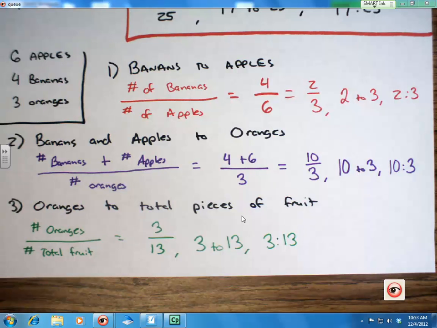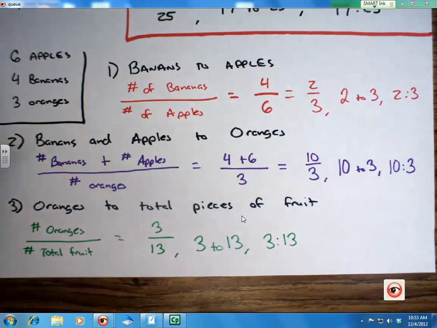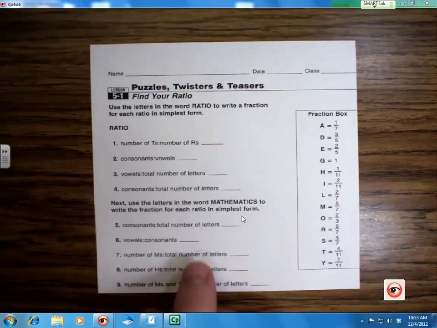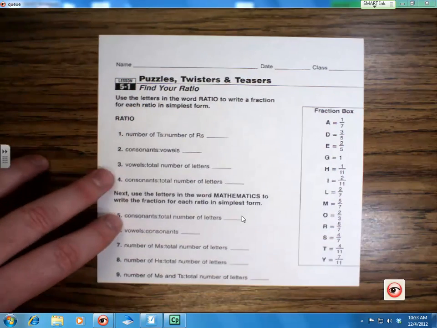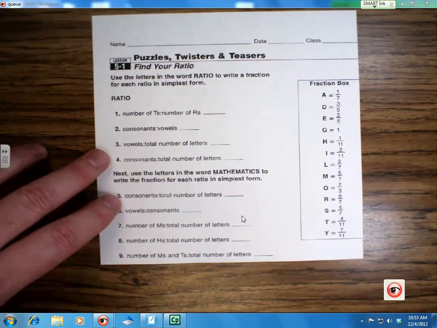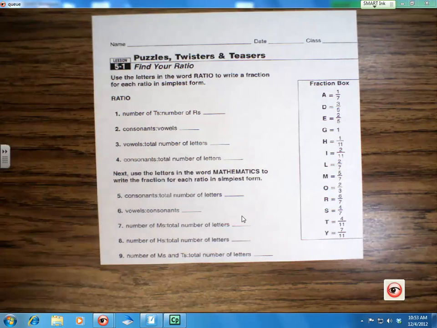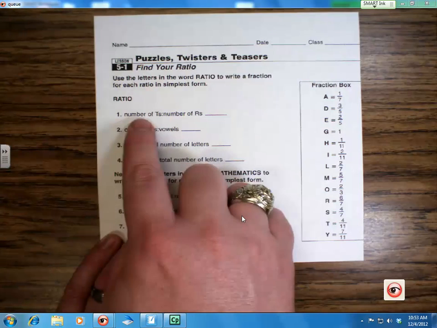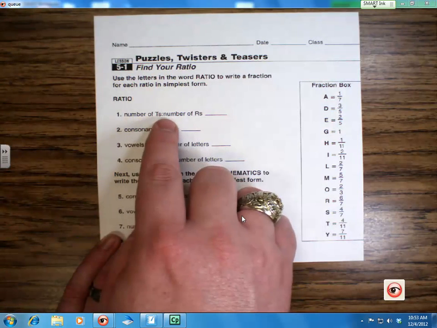Okay, this one right here. If you look at this one that says puzzles, twisters, and teasers. Now, this can kind of be confusing, but what we're going to do is write a ratio with the number of letters. Like number one says the number of T's to the number of R's.